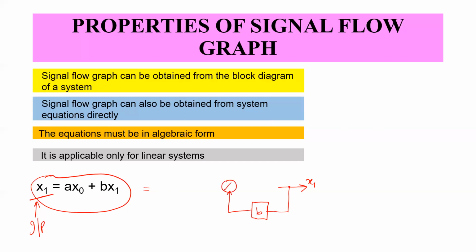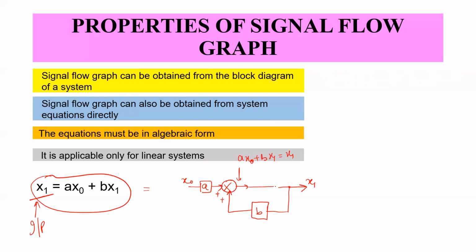So that means we have a summing point here, right? So it is being added with a signal which is x naught and multiplied with some gain a. So these two are added here, and the output here is a x naught plus b x1, which is equal to x1.